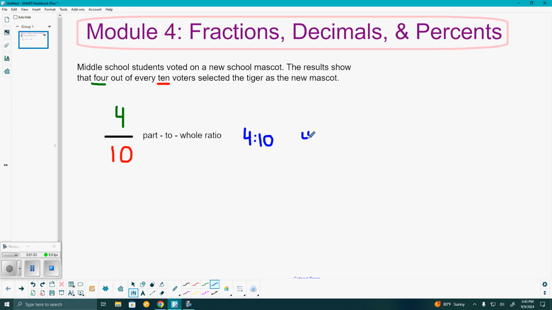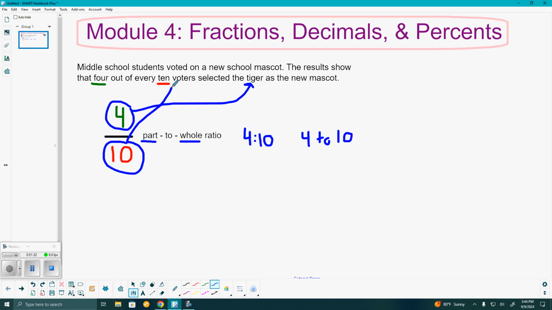We could also write it as 4 to 10. And the way that we know that it's a part to whole is because 4 is the part of the voters that voted for tiger. Out of the 10 total voters.